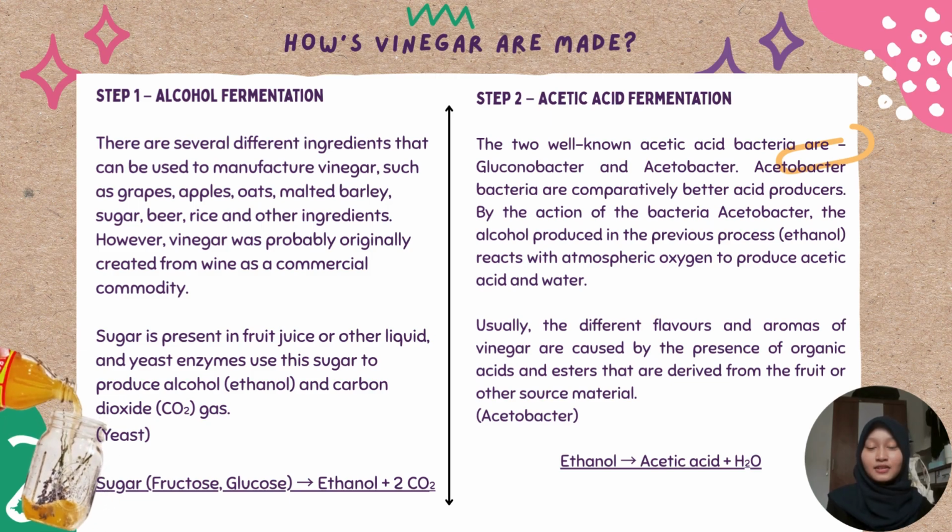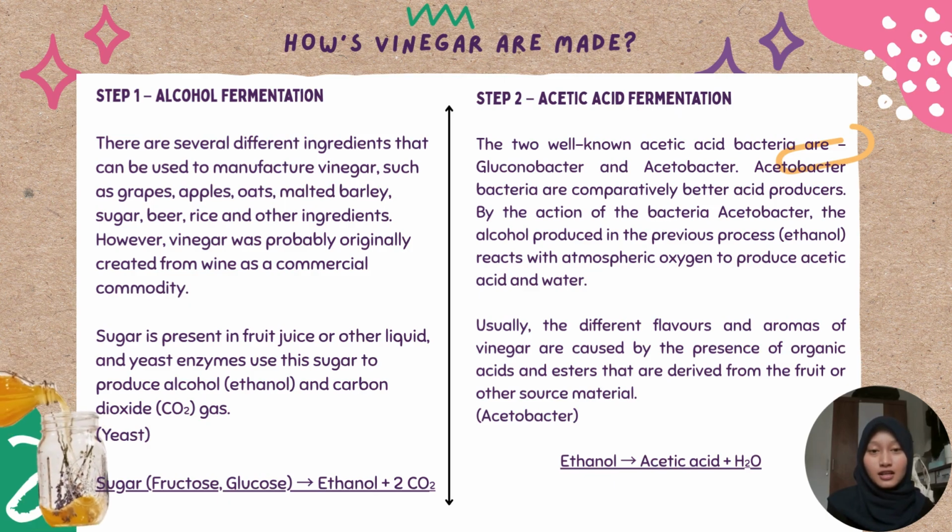So the next one is how vinegars are made. Vinegar undergoes two steps: step 1 is alcohol fermentation and the next step is acetic acid fermentation. For step 1, alcohol fermentation, there are several different ingredients that can be used to manufacture vinegar, such as grapes, apples, oats, malted barley, sugar, beer, rice, and other ingredients.